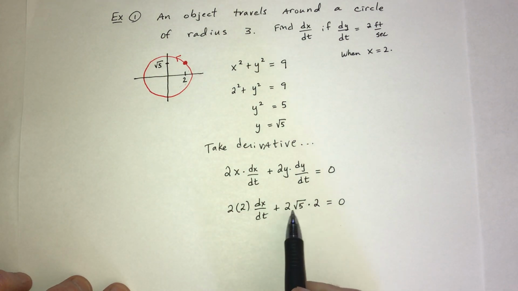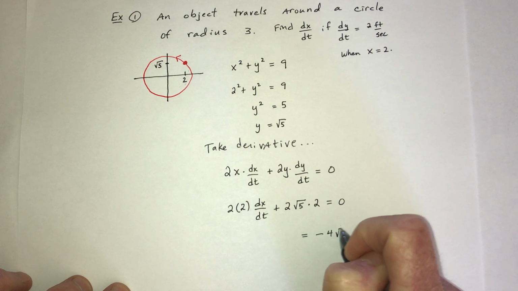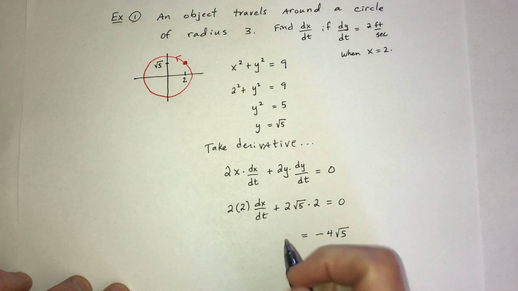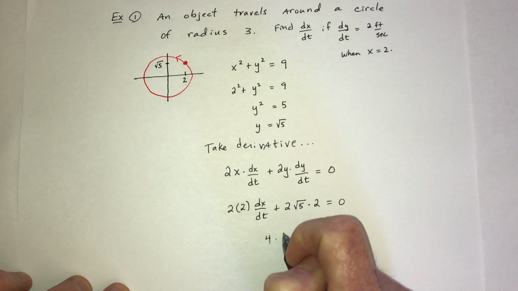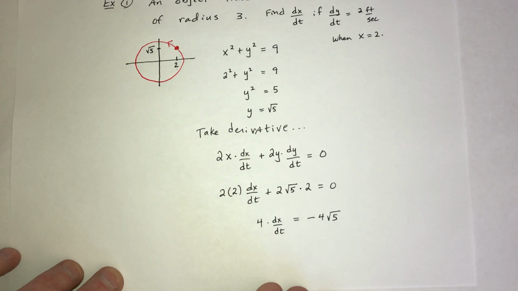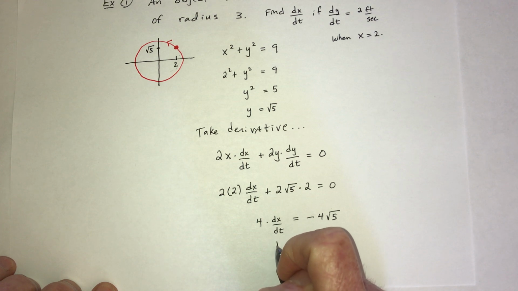All right, then just solve for dx/dt. So subtract this from both sides. So that's going to be negative 4 times the square root of 5 on the right side. And this will be 4 dx/dt. And then just divide both sides by 4, and actually the 4's are going to get canceled.